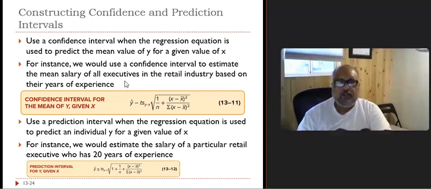A confidence interval estimates the mean value of y for a given x, while a prediction interval estimates the value of y for an individual observation. We use these to assess the reliability of predictions.